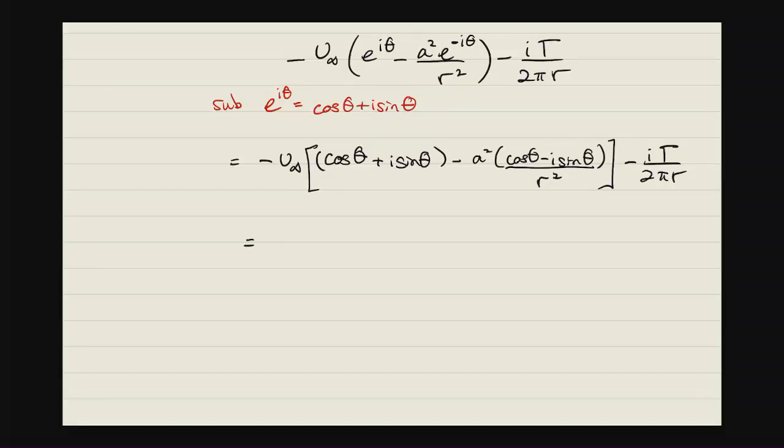Okay, so factorizing all my real terms, I'm going to get negative U infinity cos theta minus A squared over R squared cos theta.